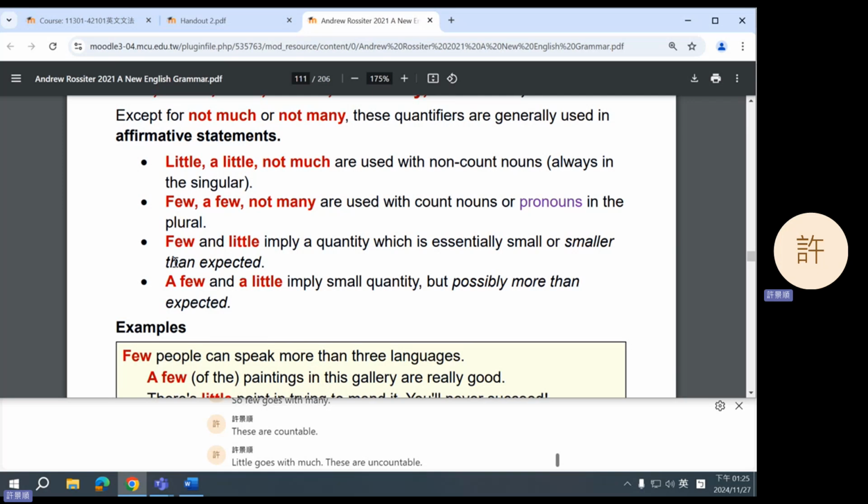The difference is that word "a." When do you need it? If you're just saying there's not a lot, just a small quantity, add "a few," "a little." But if you're saying smaller than expected, the quantity is smaller than you expected, say "few" with no "a."